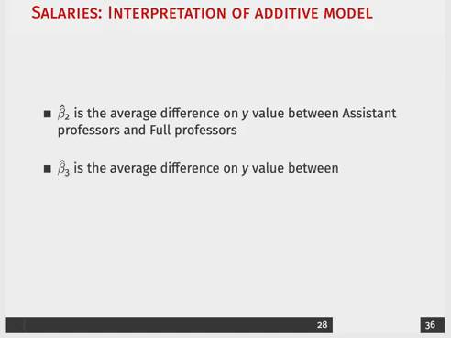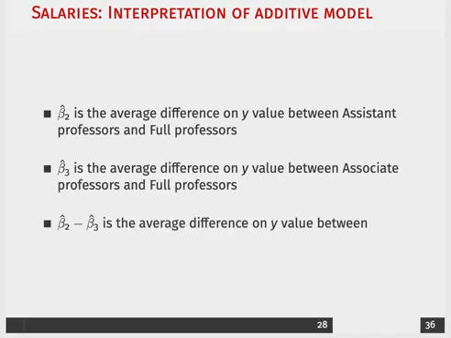Then our beta 3, our second dummy, should be the average difference of salaries between, I'll pause for a second for you to think, associate professors and our baseline, which is full professors.